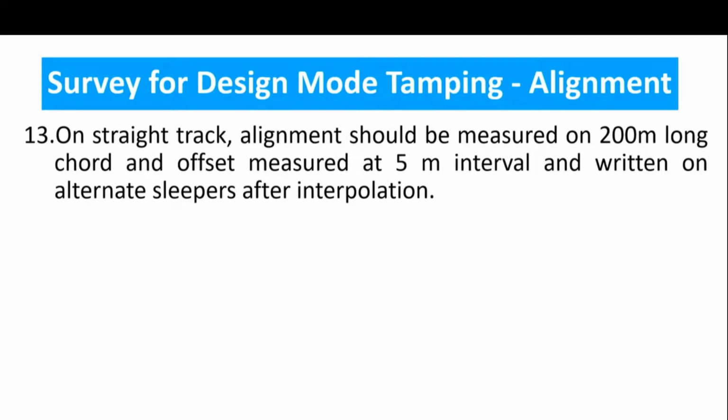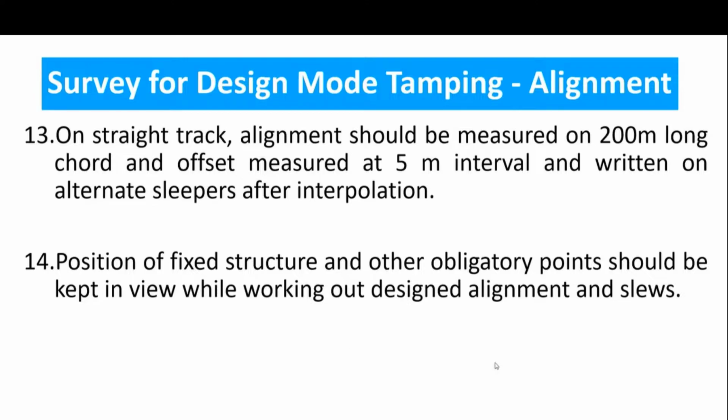Like I discussed, in the straight portion it should be 200 meter chord, and offset should be measured at every 5 meter interval, and they have to be written on the sleepers for the rectification by the tamping machine.